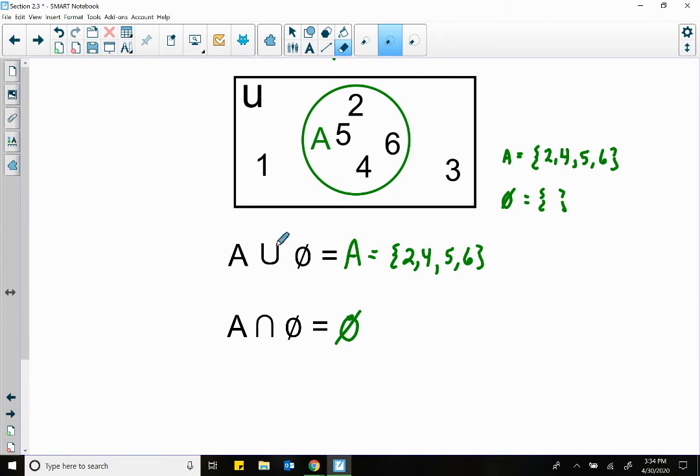The union between these two is like adding. The intersection between these two is like multiplying. If I take anything plus nothing, I get anything back out. If I take anything times 0 or nothing, I get 0 back out. So keep that in mind. Any set union a null set or empty set is the beginning set. Any set intersect the null set or empty set is the null set or empty set in the end.